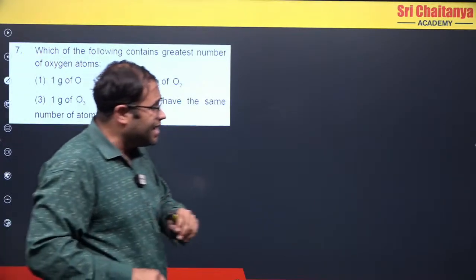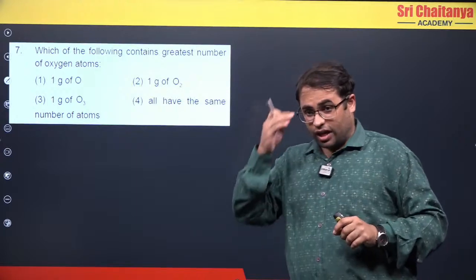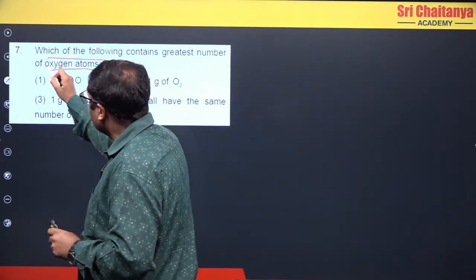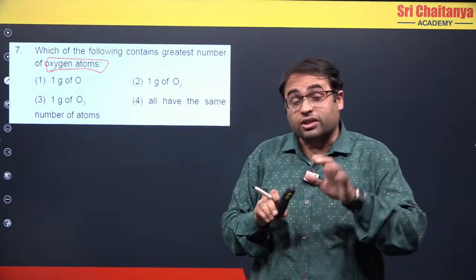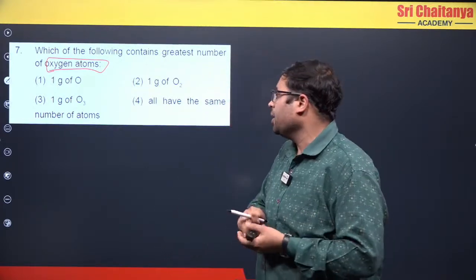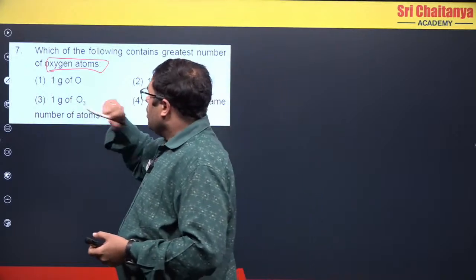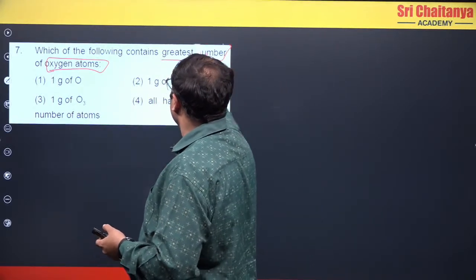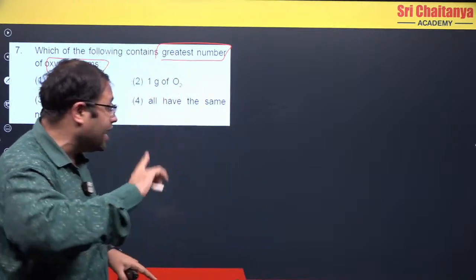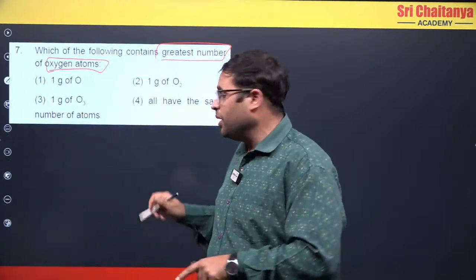Which of the following contains the greatest number of oxygen atoms? Now remember, here they are saying oxygen atoms, right? Oxygen atoms, not molecules, atoms, each single oxygen atom. So, greatest number. Let us analyze each option one by one and then arrive at a probable answer.